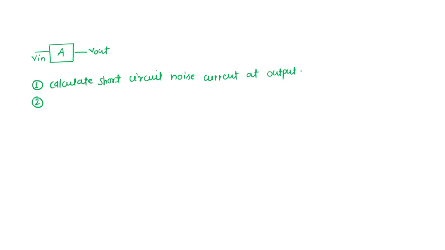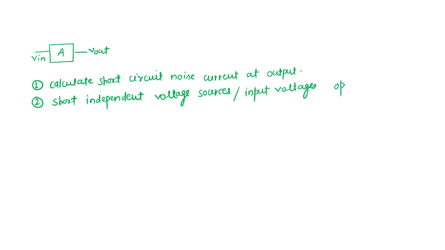Second, while we are calculating this short circuit noise current, short the independent voltage sources, or input voltages, and open the independent current sources.